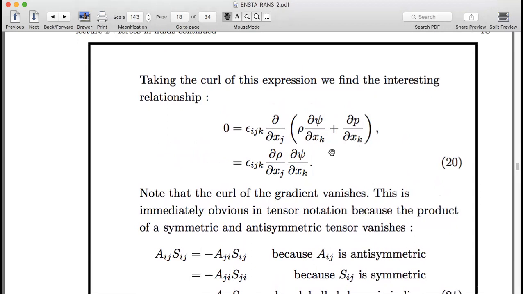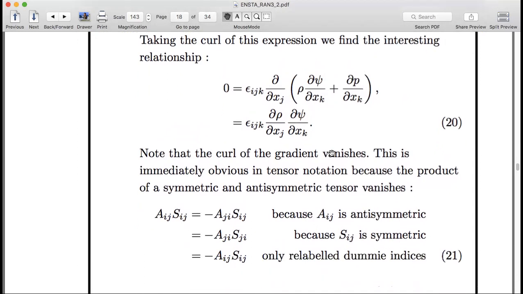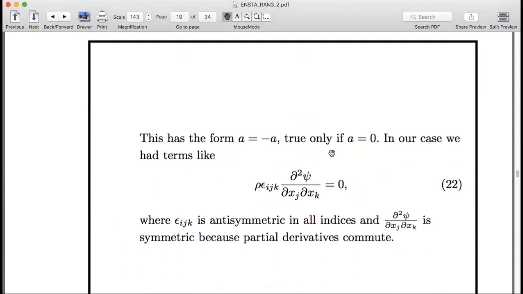If you're unclear about that, just try and work it out at home. I think it's not too mysterious. If you just think about the properties of the epsilon ijk and its symmetry properties, and the fact that this quantity doesn't change when you change the order of j and k.